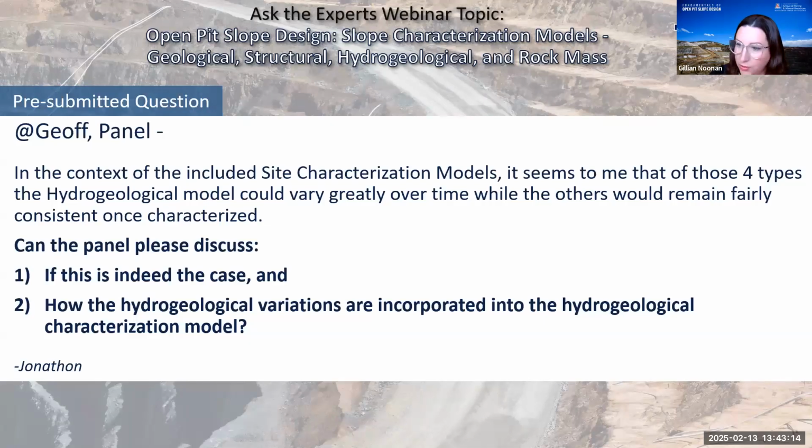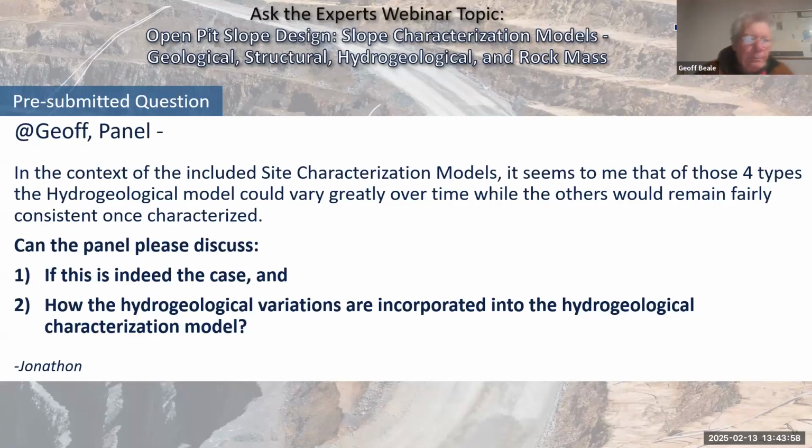Jonathan's question is, in the context of the included site characterization models, being the geological, structural, hydrogeological, and rock mass models, it seems to me that of those four types, the hydrogeological model could vary greatly over time, while the others would remain fairly consistent once characterized. So could the panel please discuss, firstly, if this is indeed the case, and second, how the hydrogeological variations are incorporated into the hydrogeological characterization model. So Jeff, I'll have you start with this, and then the rest of the panel can comment afterwards.